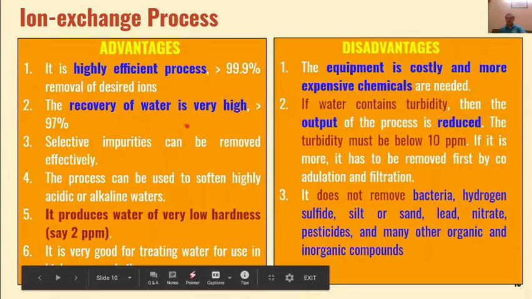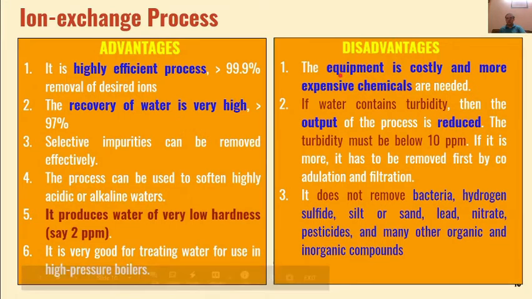But the disadvantage is that the equipment is very costly, and these ion exchange reagents are very expensive chemicals. So this is the disadvantage, that economically the process is very expensive.